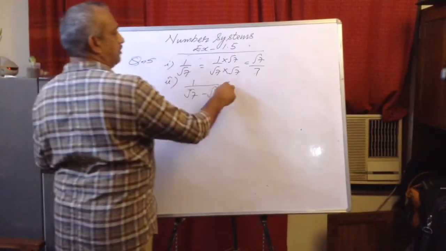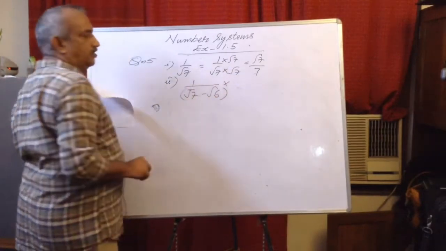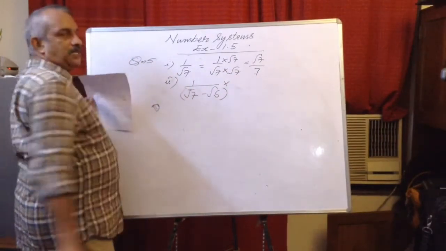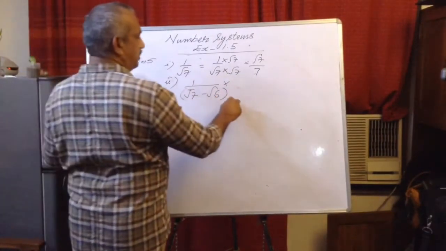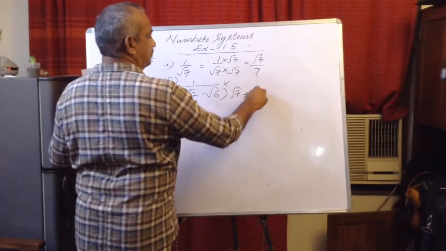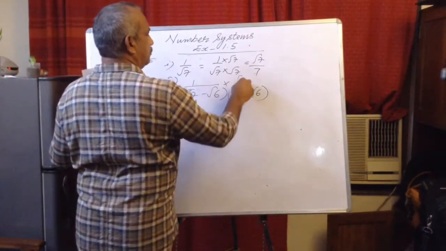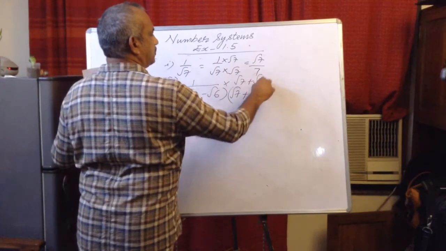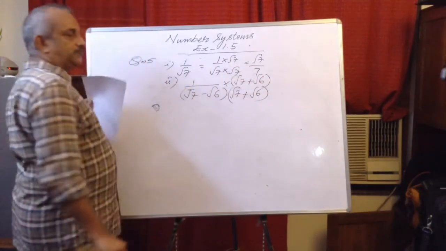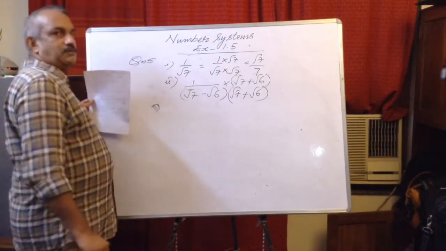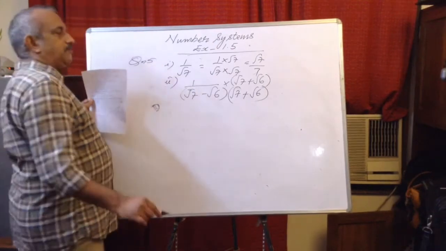So we will multiply both numerator and denominator by, it is in the form a minus b, so we'll multiply by root 7 plus root 6, root 7 plus root 6. You cannot just multiply the denominator. If you are multiplying the denominator, multiply the numerator also.